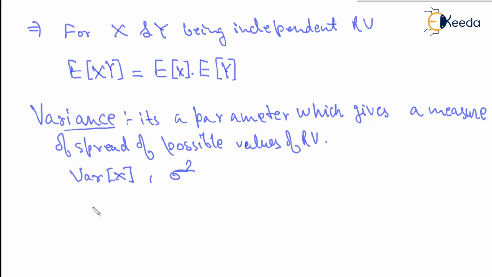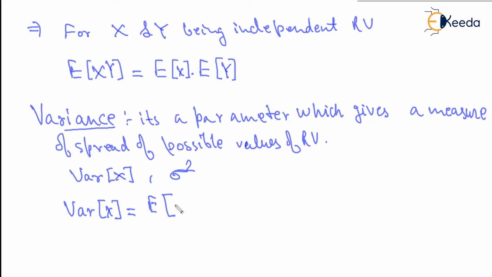This variance of x is actually the second central moment, which we have seen right before, and this will give you the variance.